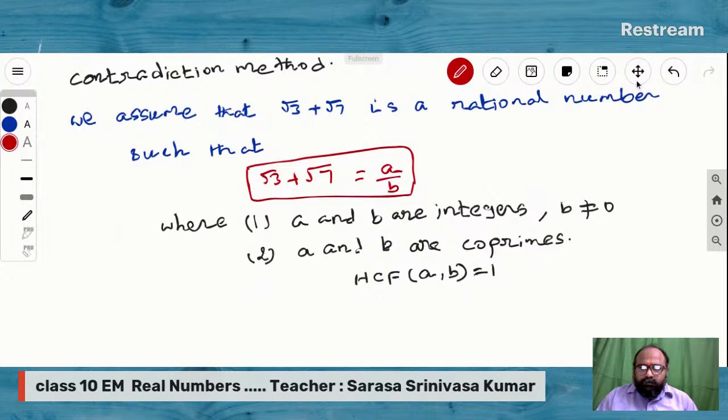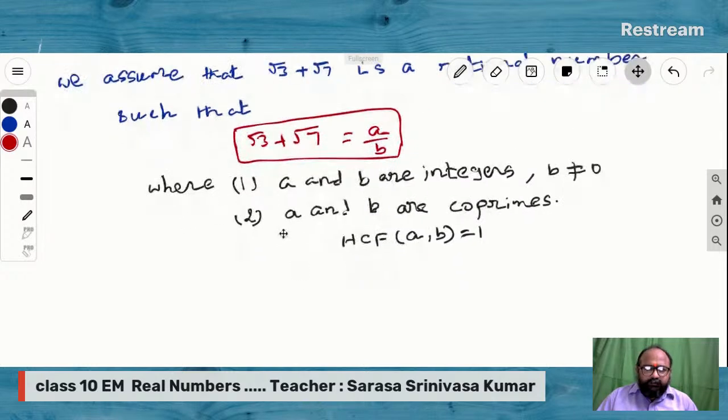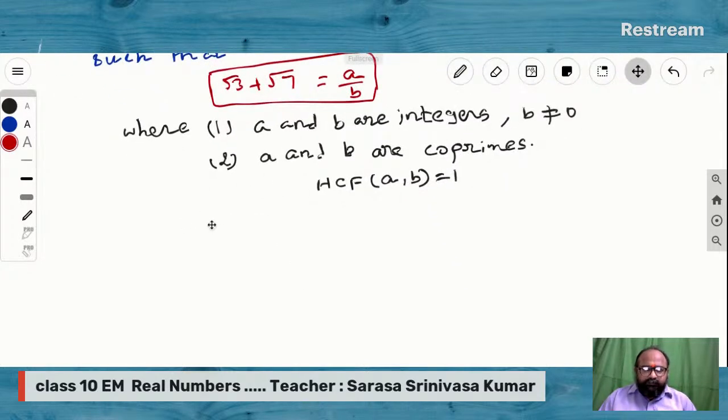Now we rewrite this: square root of 3 equal to a by b minus square root of 7.